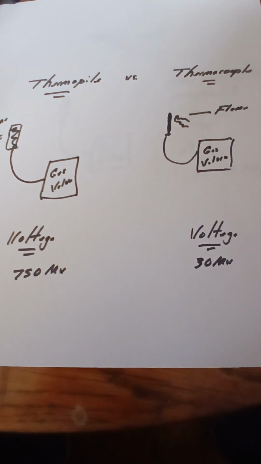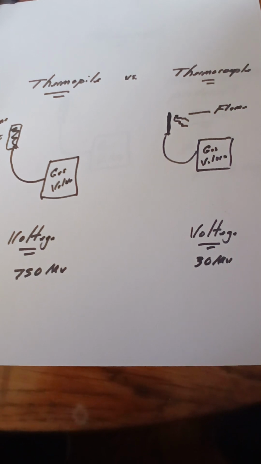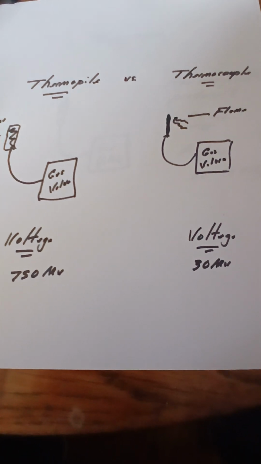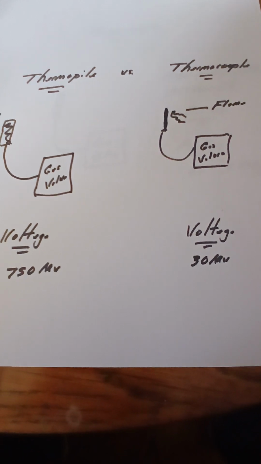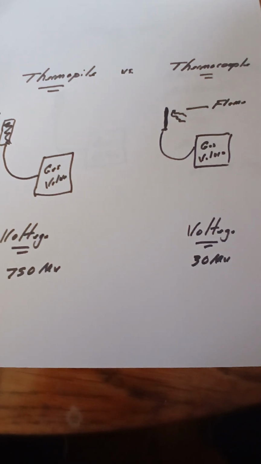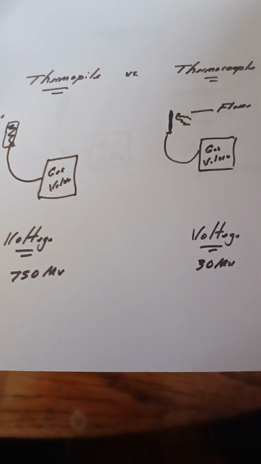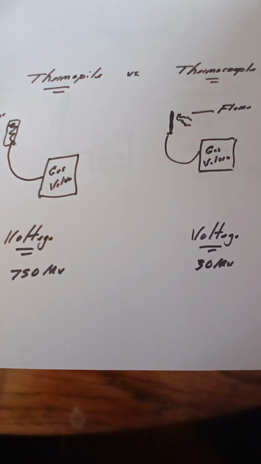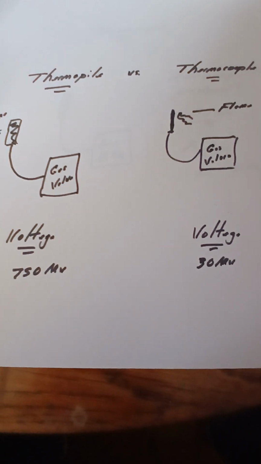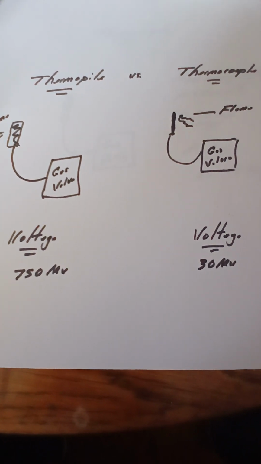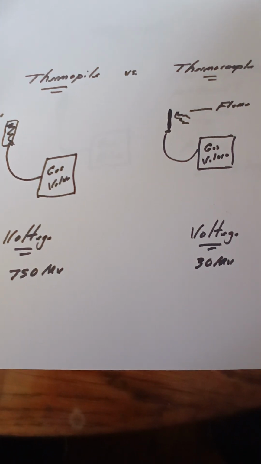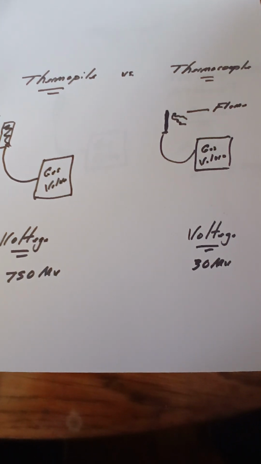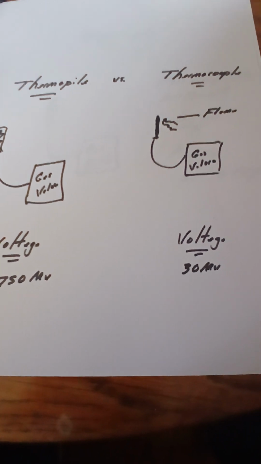So if you pull out a 30 millivolt thermocouple, my opinion is it would be good to go back in with the exact 30 millivolt thermocouple. And likewise, if the thermopile is a 750 millivolt thermopile, perhaps it might not be a bad idea to go back in with the same, so you're dealing with apples and apples and oranges and oranges.